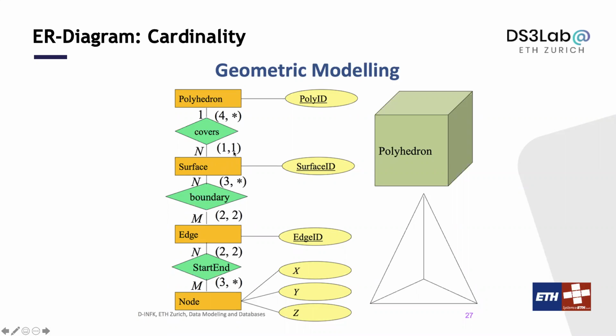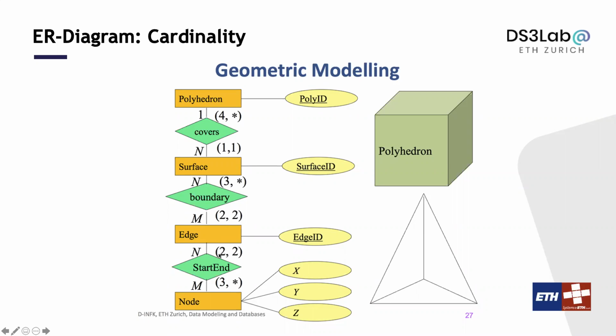So in this example, and then similarly, one surface in 3-dimensional space should have at least 3 edges. And for polyhedron, one edge can only participate essentially exactly 2 times in the 3-dimensional space.